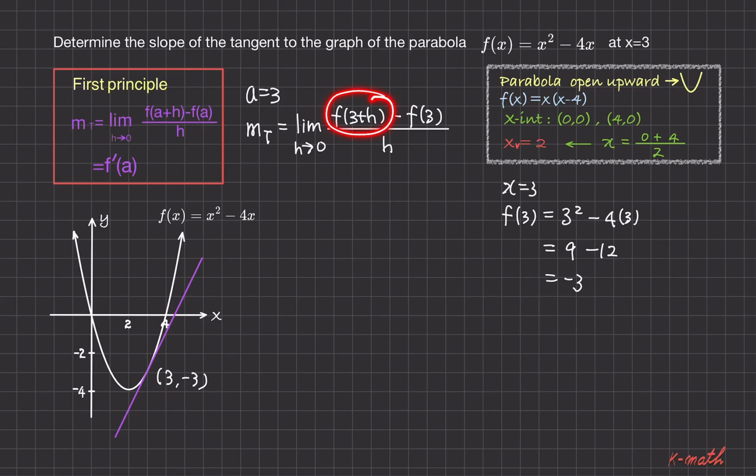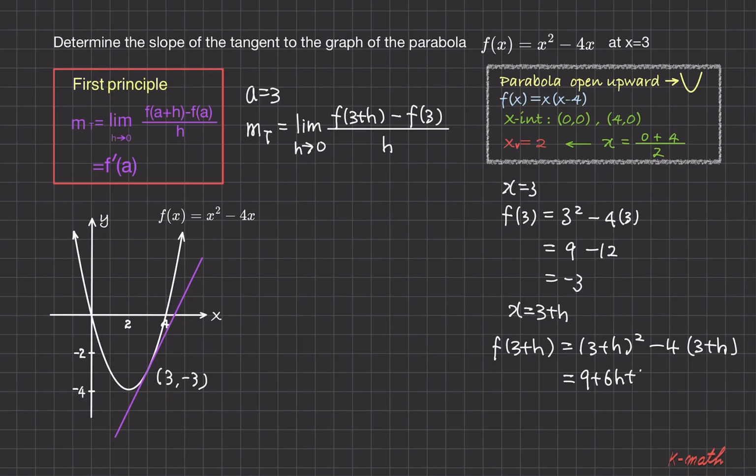To get f of 3 plus h, just plug x equals 3 plus h into the function. Then f of 3 plus h becomes 3 plus h squared minus 4 times 3 plus h. 3 plus h squared is 9 plus 6h plus h squared.